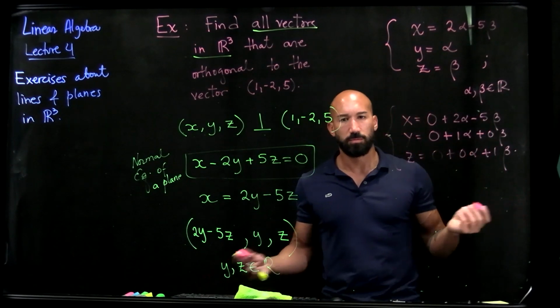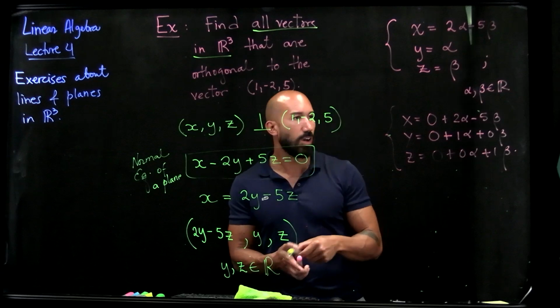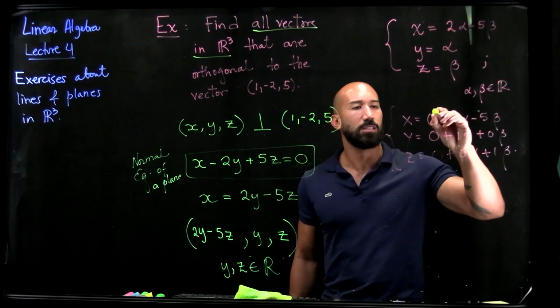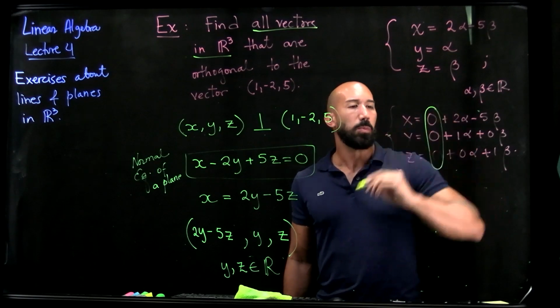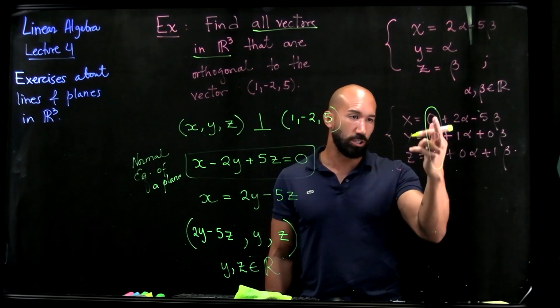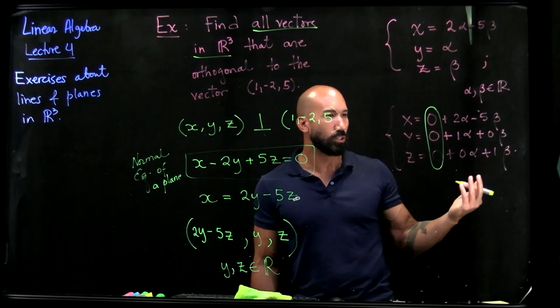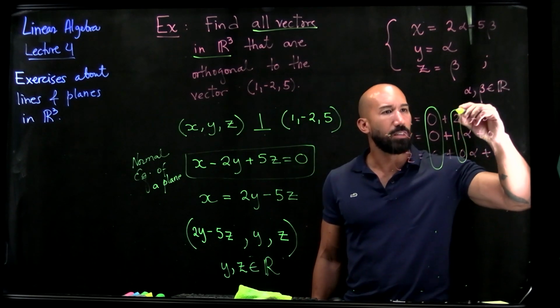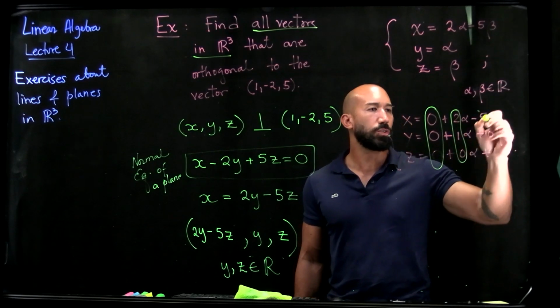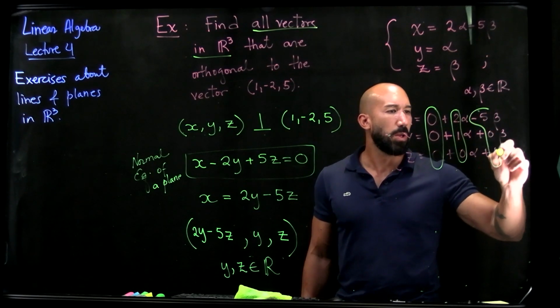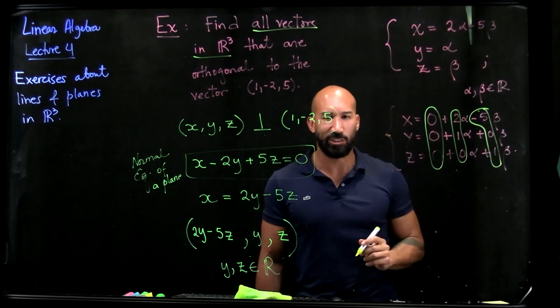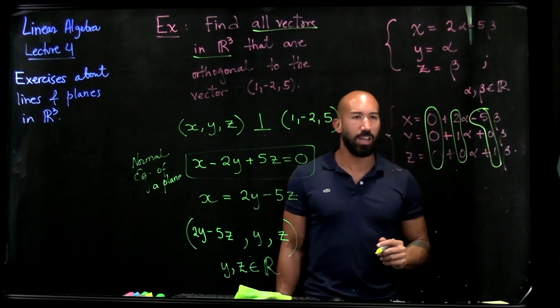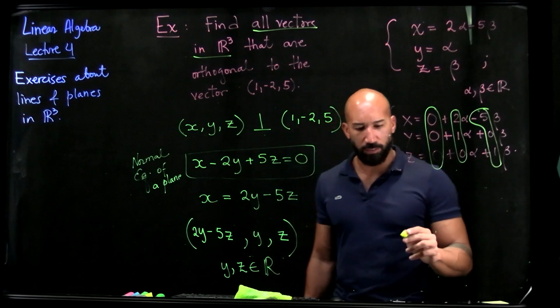And now it's obvious that this is the plane passing across the origin, the point 0, 0, 0, and parallel to the vector 2, 1, 0, and to the vector minus 5, 0, 1. Is that okay?